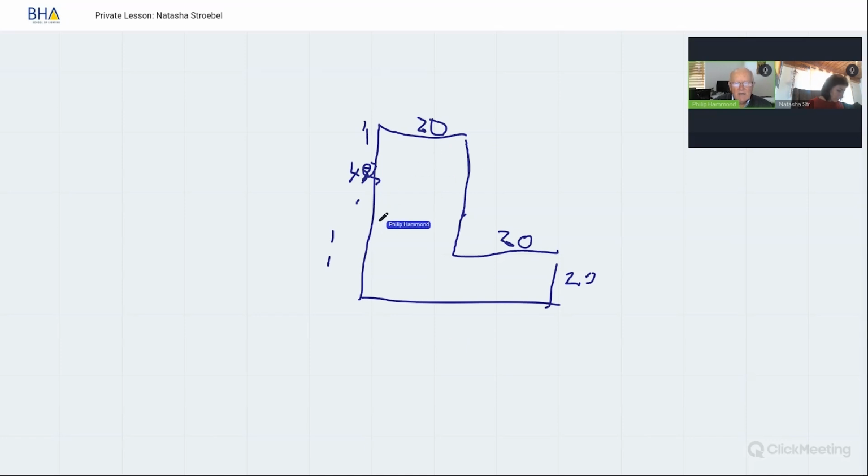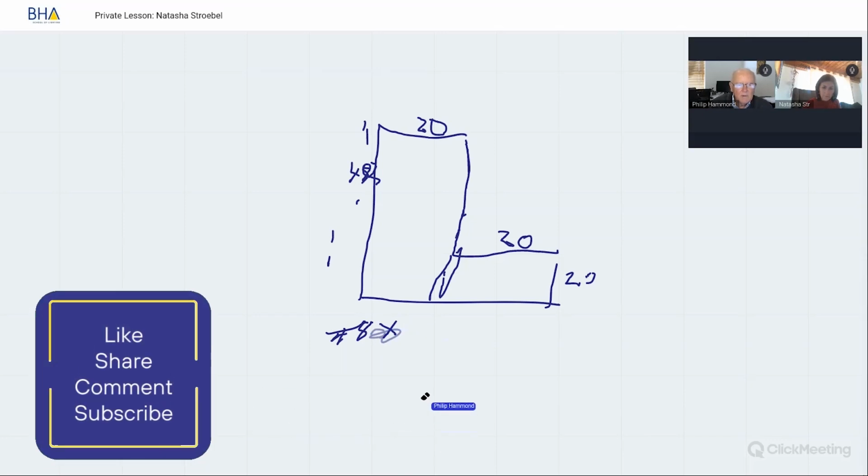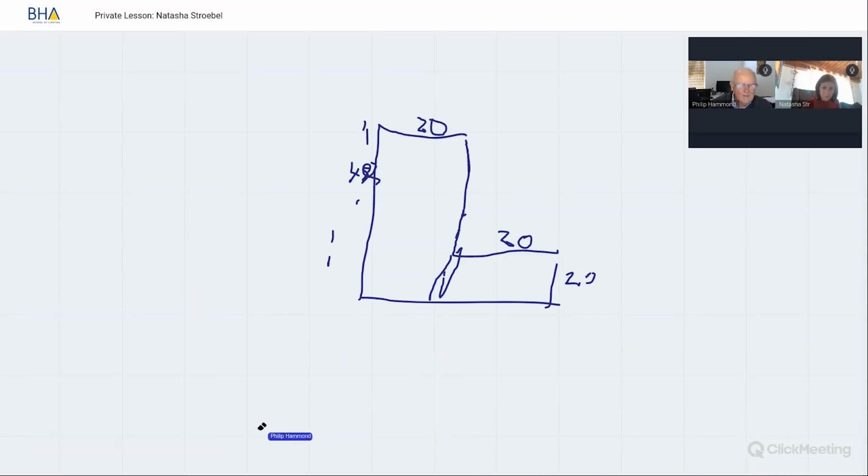First of all, I can't do two calculations, so I'm going to divide that space. I'll say I'm going to have 48, and I want to divide that one in two: 24 divided by 20.